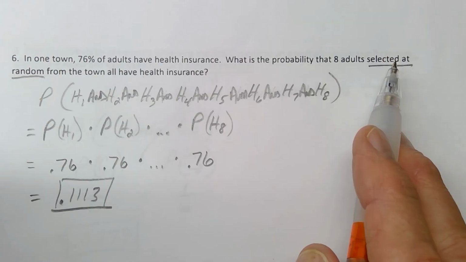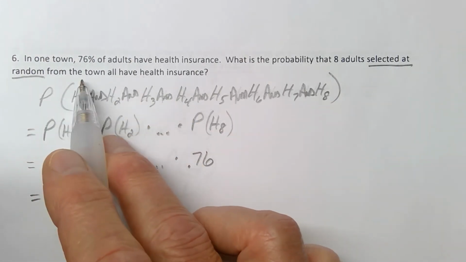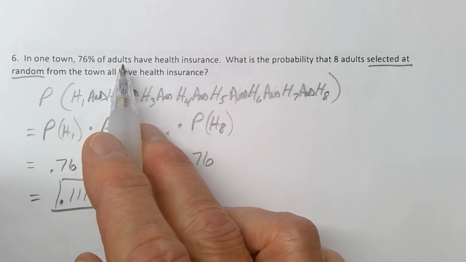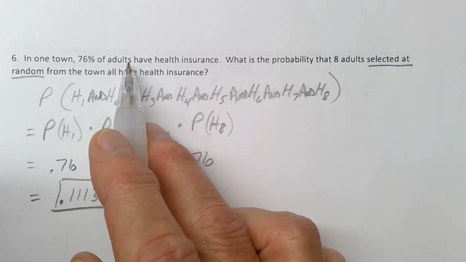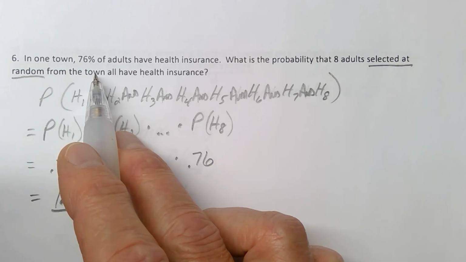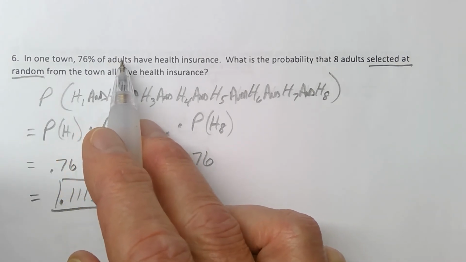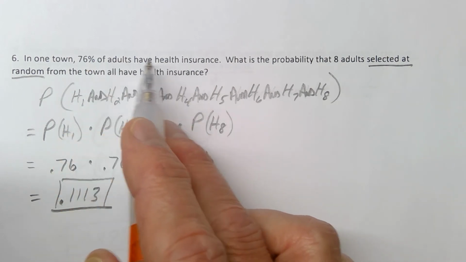So when I'm talking about randomly selecting an adult from the town, just imagine that maybe you're in a classroom and the town is outside the classroom. And maybe you just open up the door and you randomly grab an adult from the town. There's just all these thousands of adults outside the door, and you reach out there and you grab one. What's the chance that that person has health insurance?